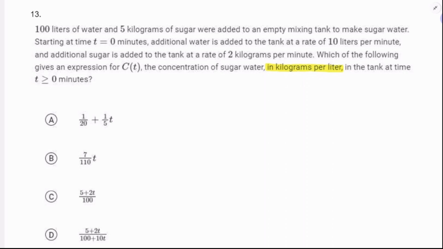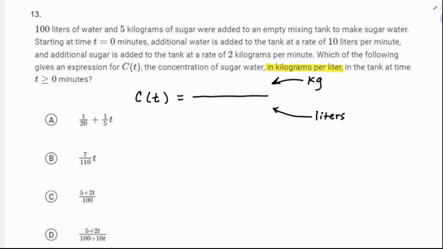But this is just a good problem. If we're looking for an expression for C of t, which is going to be measured in kilograms per liter, it's going to have something in terms of kilograms in the numerator and something in terms of liters in the denominator.